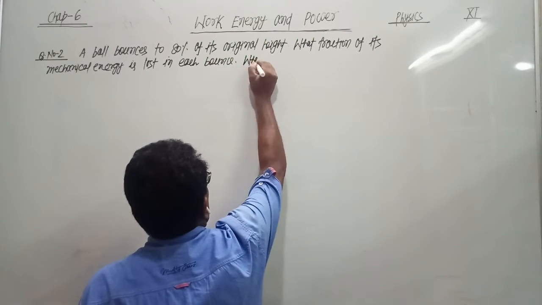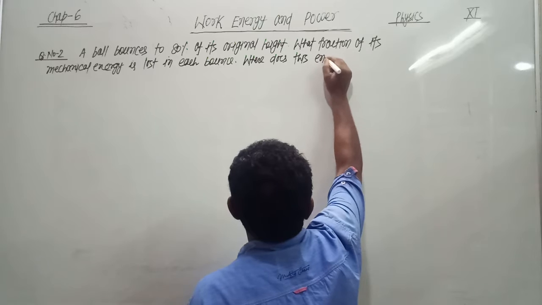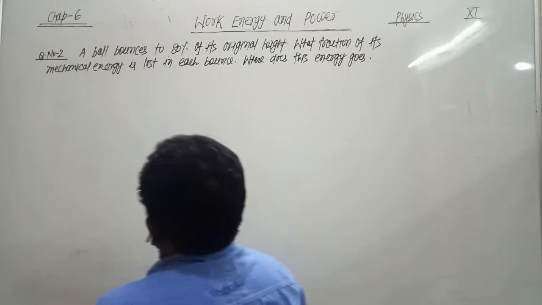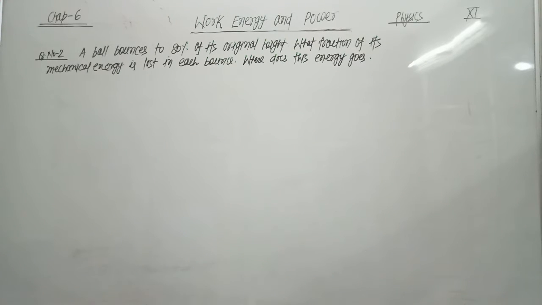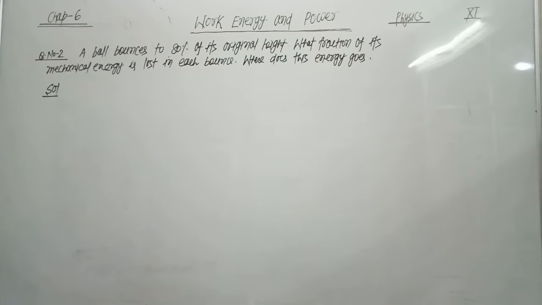So in each bounce, the fraction of the loss of its mechanical energy, and also we have to say where does this energy go? So suppose the ball is dropped from a height h.